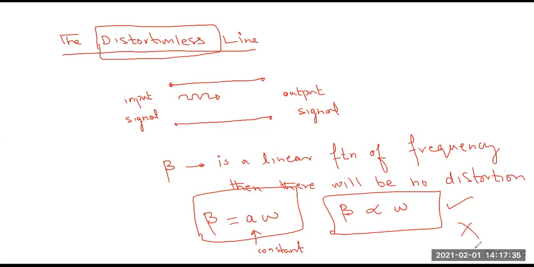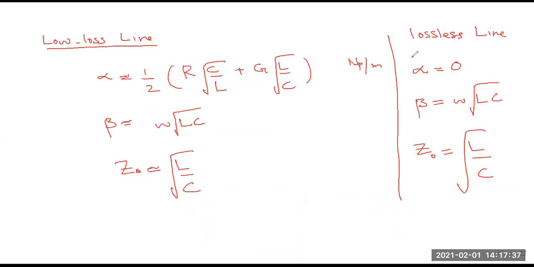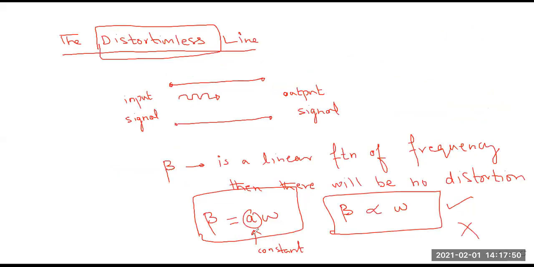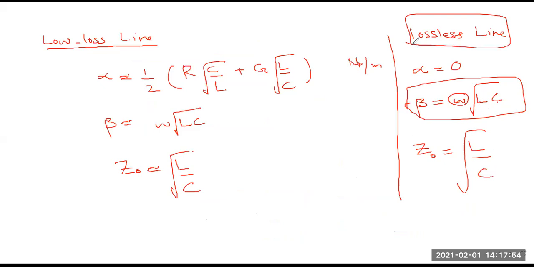Now, if you go back to the lossless line, beta is a linear function of omega, because the square root of LC is some constant. So the square root of LC, you can say, is what A is. So we can say that all lossless transmission lines are distortionless lines because beta is a linear function of omega.